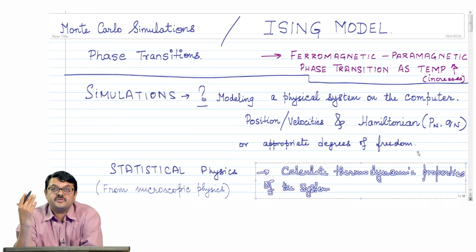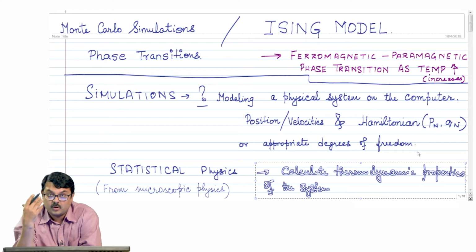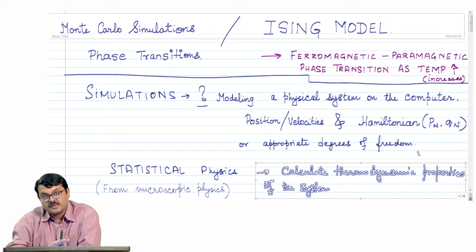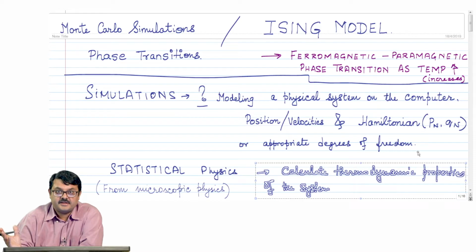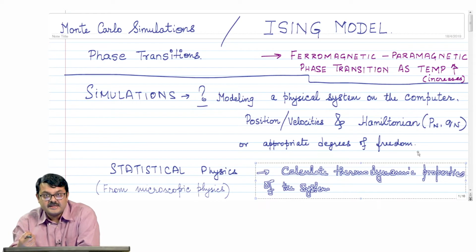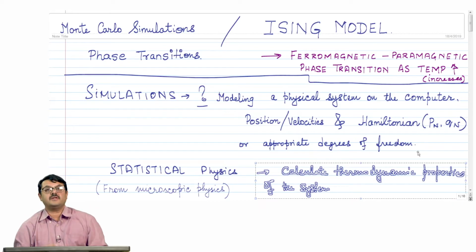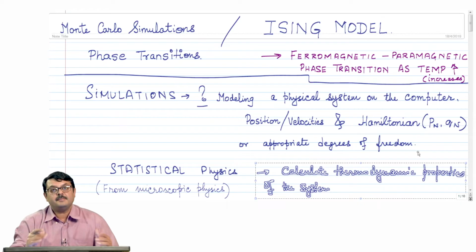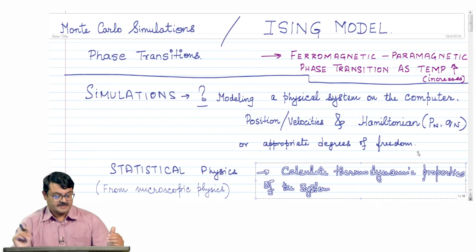Now, if you are using the right Hamiltonian, the right interaction, and modeling it appropriately, your simulations will show the appropriate behavior, and you have access to all the microscopic degrees of freedom from which you calculate whatever thermodynamic properties you want to calculate and develop an understanding of the system.